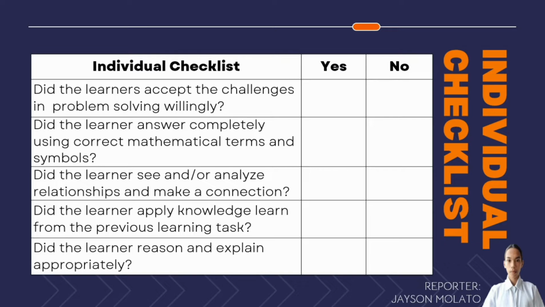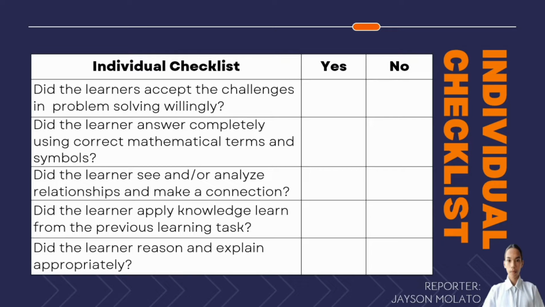Did the learner see and or analyze relationships and make a connection? Did the learner apply knowledge learned from the previous learning task? Or did the learner reason and explain appropriately? So these are just a few questions that are evaluated individually.